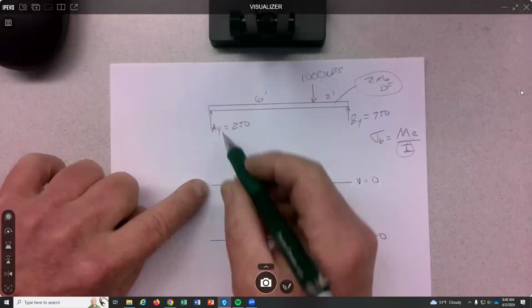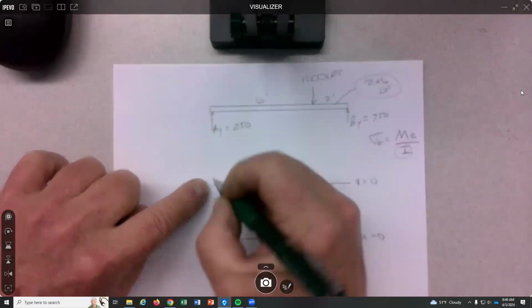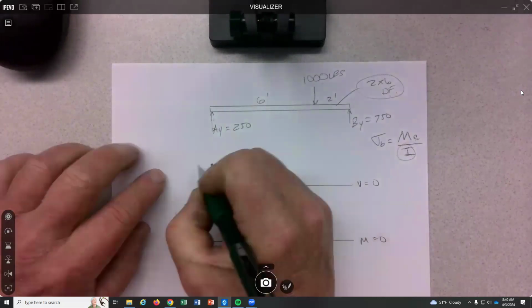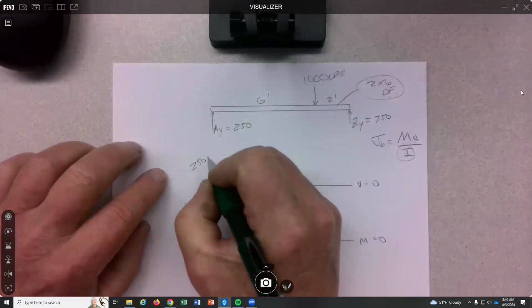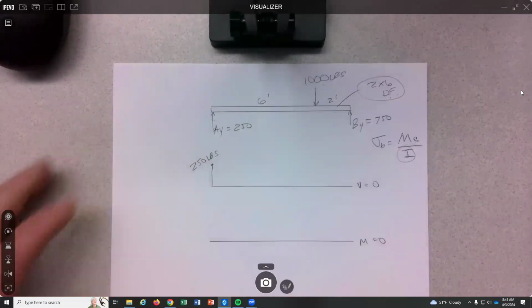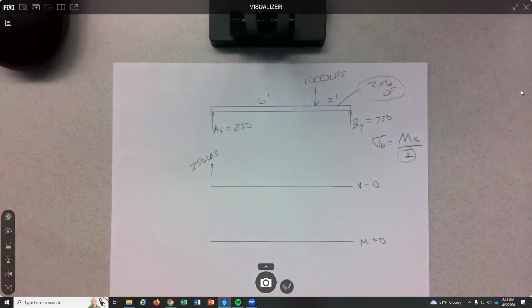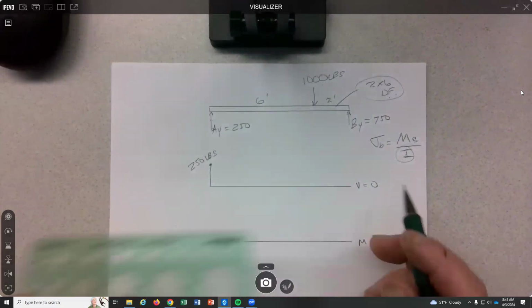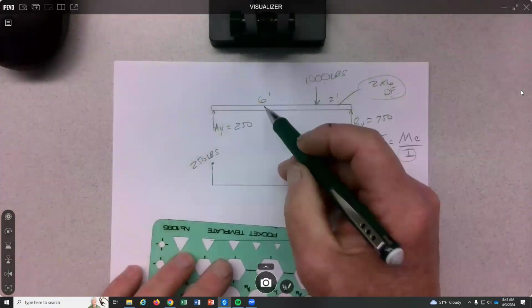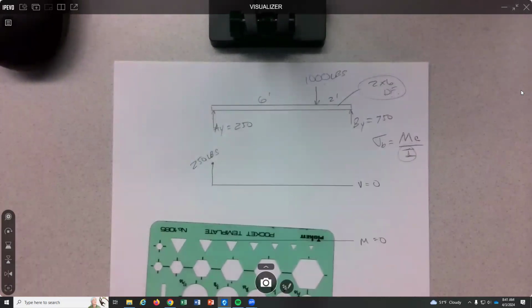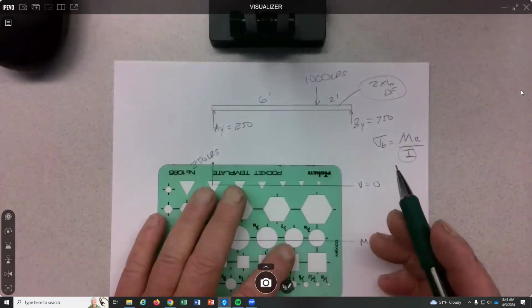Starting at the left side, it goes up 250. And they're pounds. This is just force diagram or shear diagram. Then as you move along, if there's nothing going on, there's no distribution, there's nothing happening force-wise, that's just a horizontal line.